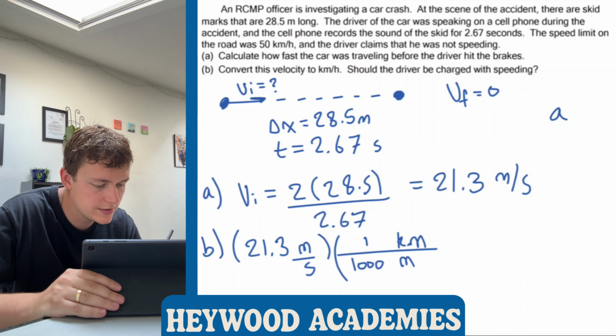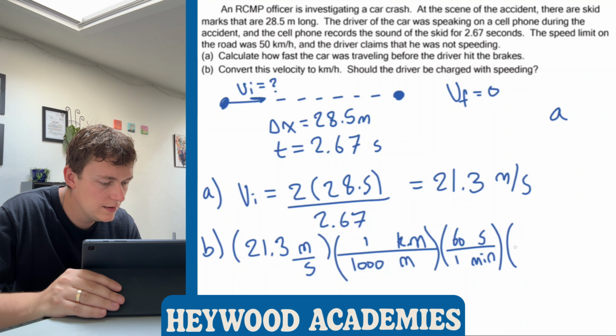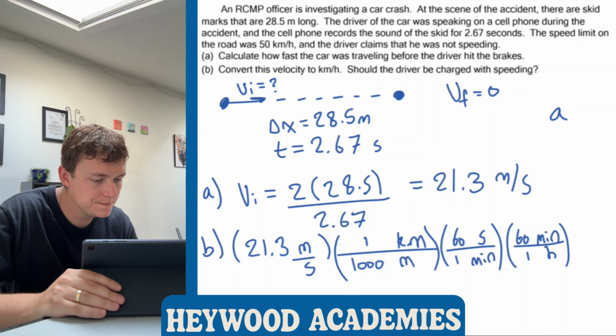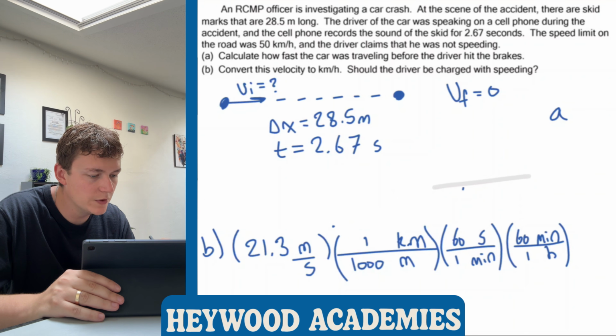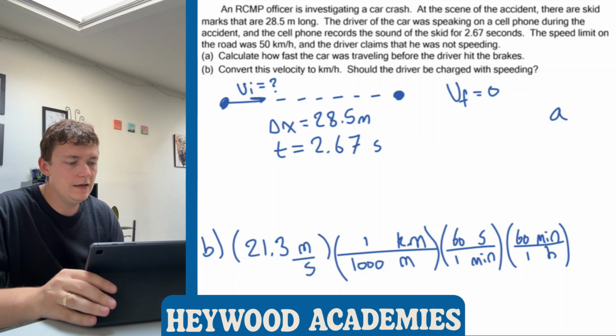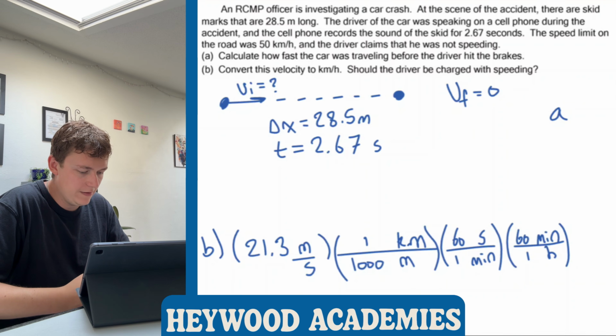1 kilometer is 1,000 meters. Then we want to go seconds to minutes. 1 minute, 60 seconds. And then we want to go minutes to hours. 1 hour, 60 minutes. So now what we can do is plug that in and we'll get an answer in kilometers per hour, and then we can compare that to see if it's higher than 50.